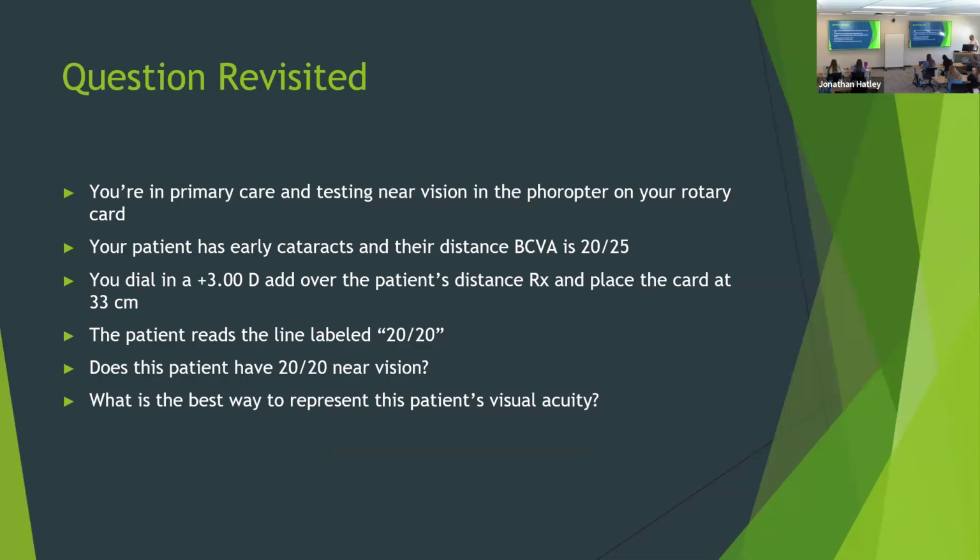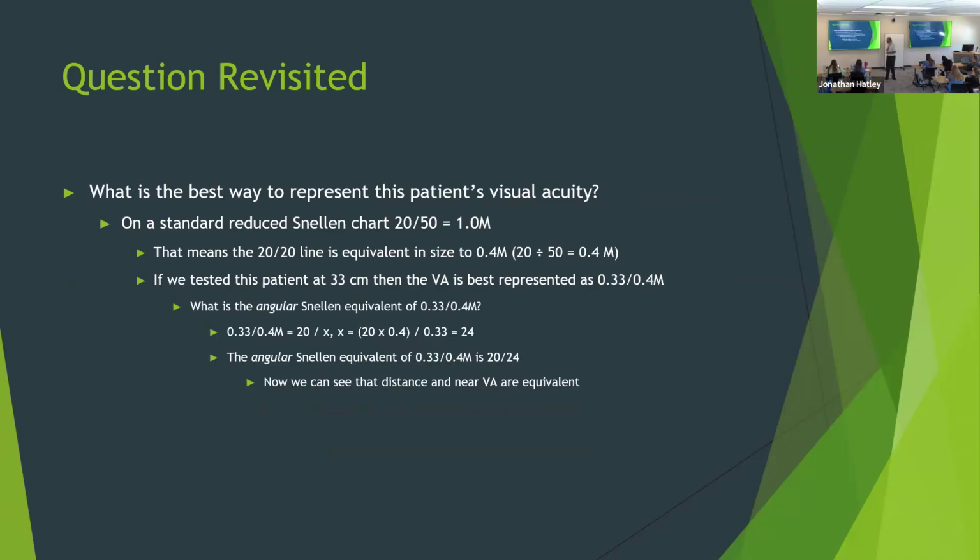But because we've now moved this chart closer than 40 centimeters, basically what's going to happen is we're going to overestimate their acuity. Likely in this scenario, you would end up with an acuity somewhere around 20/20 because the chart is closer than 40 centimeters.